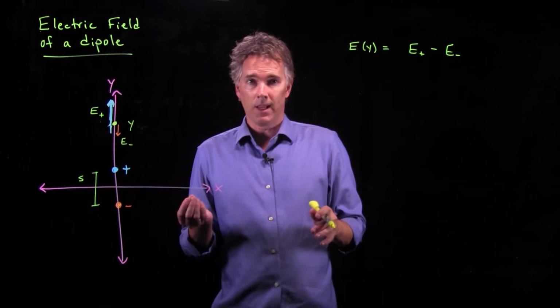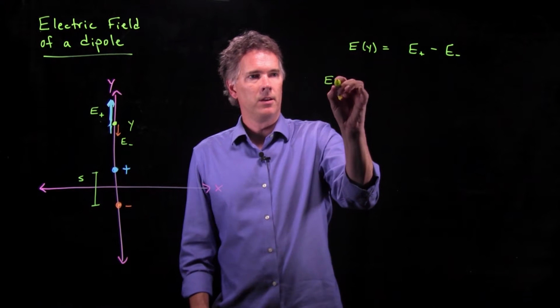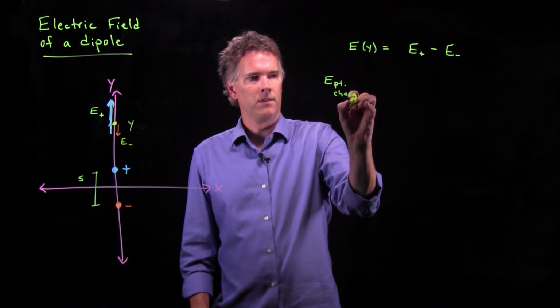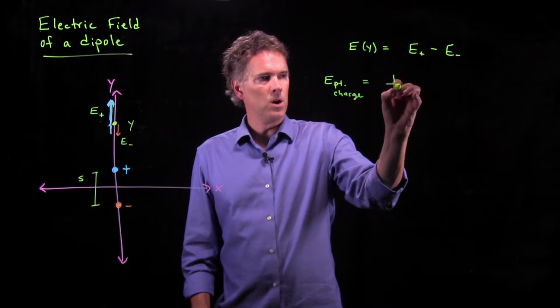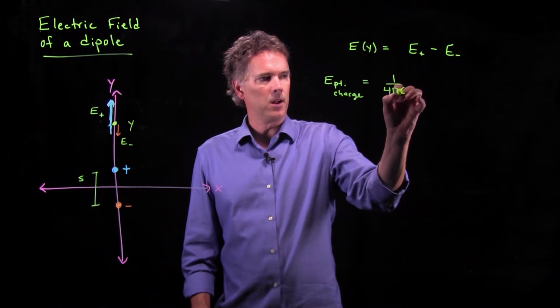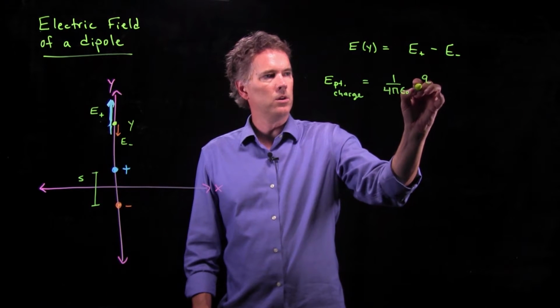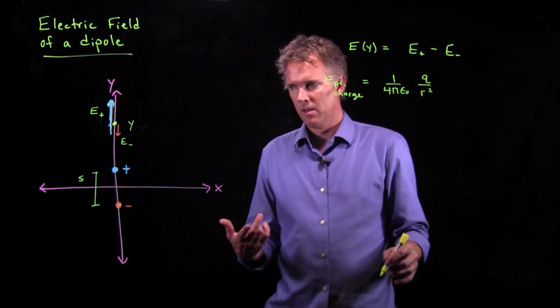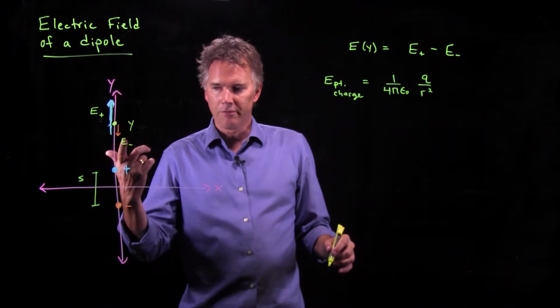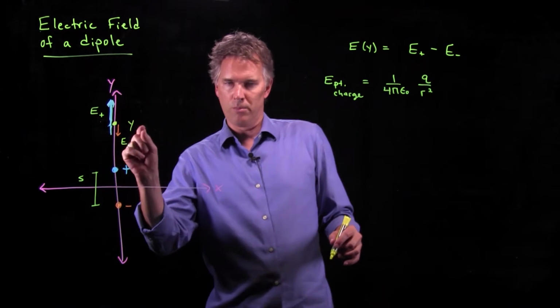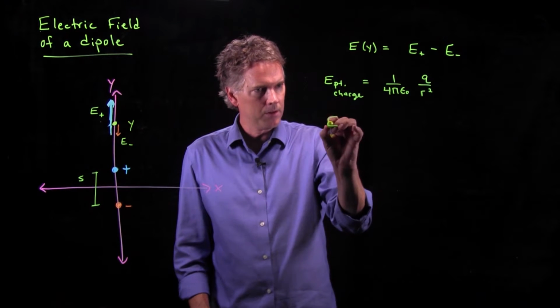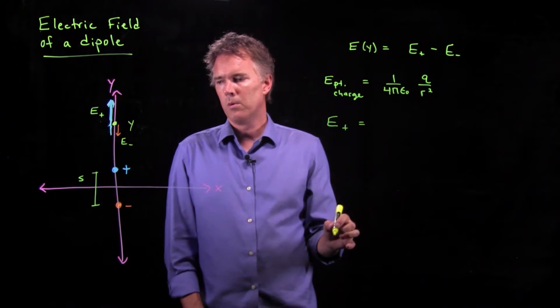All right, how do we calculate each of those? Well, we know that the electric field of a point charge is this, 1 over 4 pi epsilon naught q divided by r squared. This is the magnitude of it. R is the distance from the point charge to the point of interest. So in this case, for E plus, what do we get?